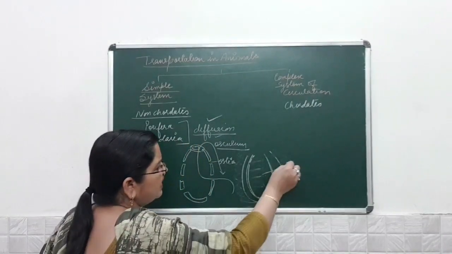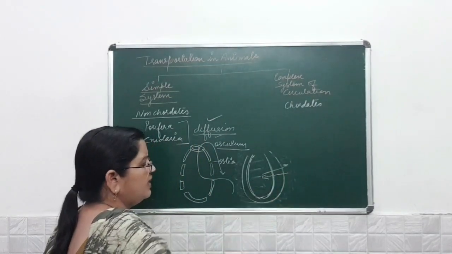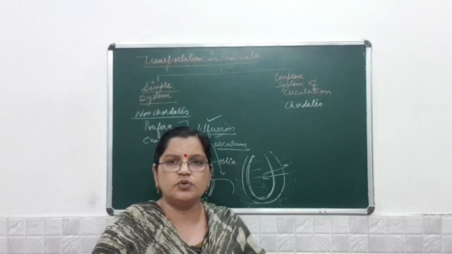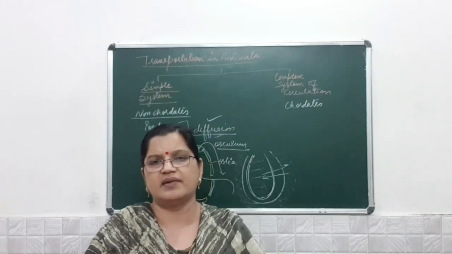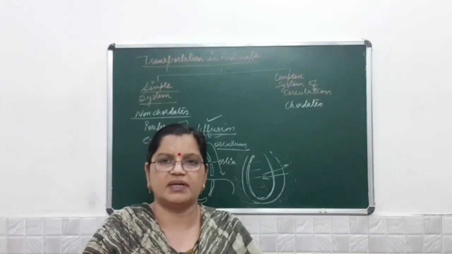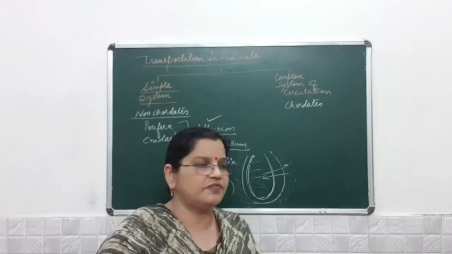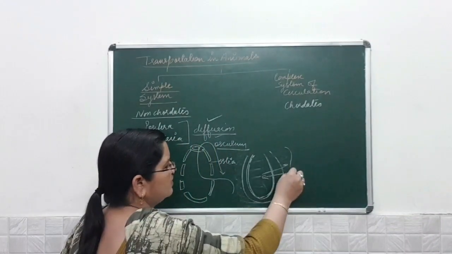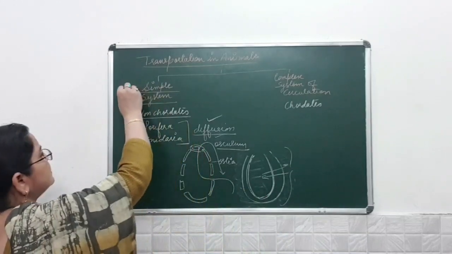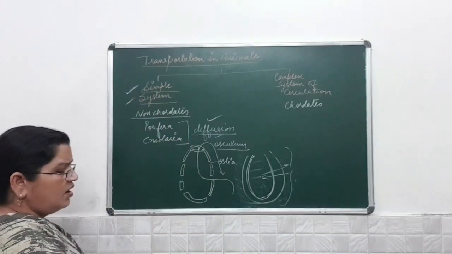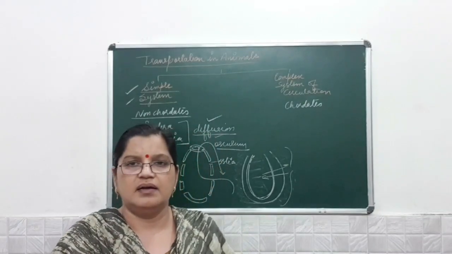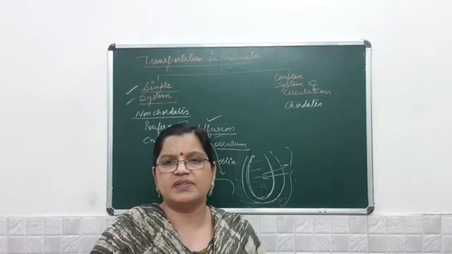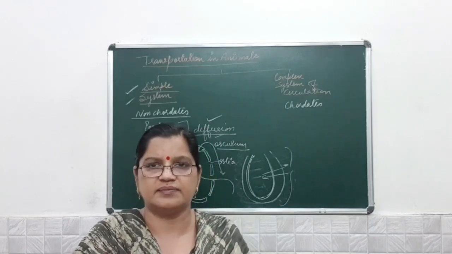Exchange of material takes place between the body fluid and external water through diffusion. In the simple system of circulation in animals, transportation occurs with the help of simple diffusion.